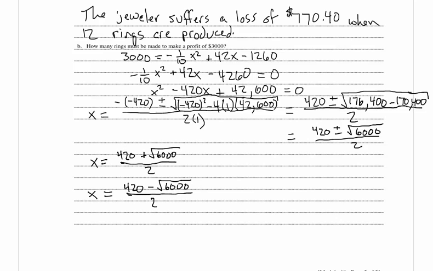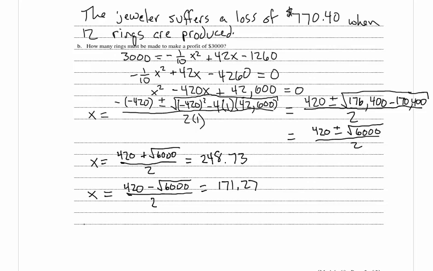And when we do 420 plus the square root of 6,000 divided by 2, we get 248.73. And when we do 420 minus the square root of 6,000 divided by 2, we get 171.27. And remember that x represents the number of rings produced, so we can't have a partial ring produced, so we're going to round.